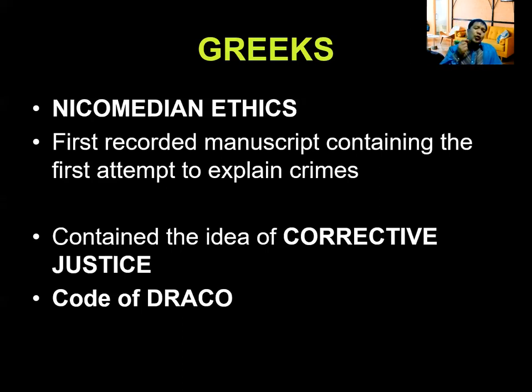If we look closely into the explanation of the Nicomedean ethics about crime, then it is very obvious, gentlemen and ladies, that it is leading to one particular theory that we already know, and that is the theory of utilitarian hedonism that was developed by no less than Jeremy Bentham.